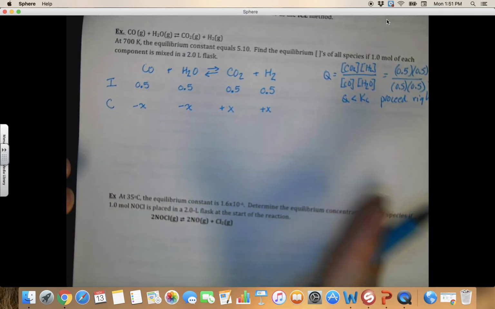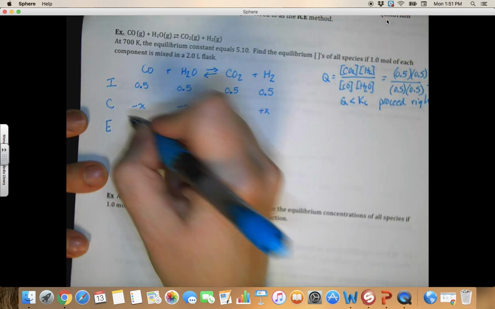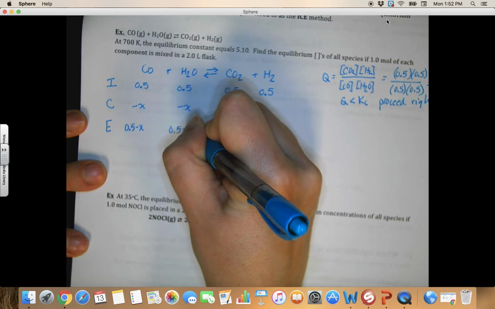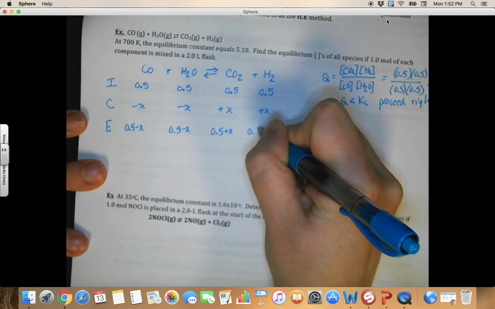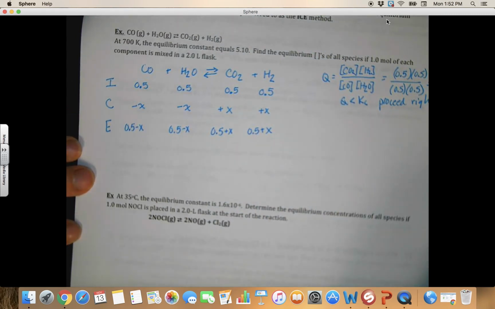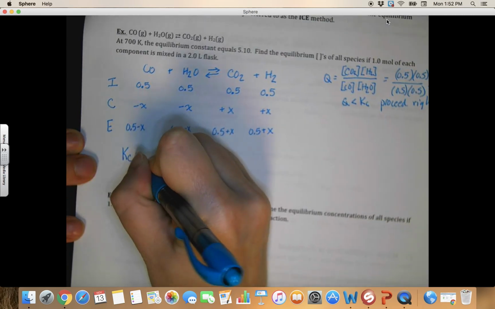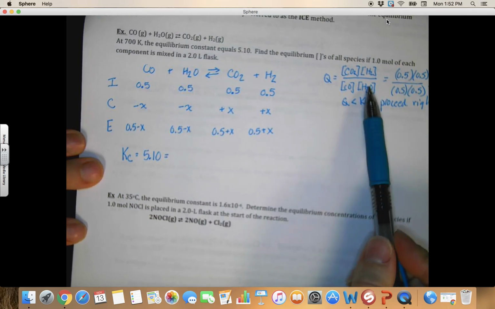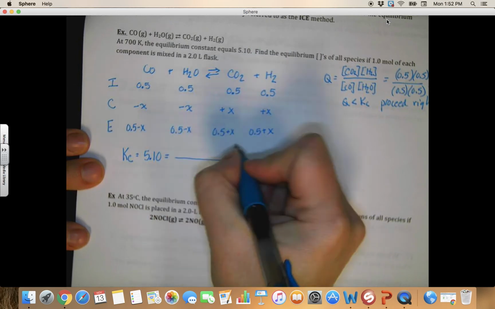If there was a coefficient of 2, then for that particular reactant or product, it'd be 2X. Think about it in terms of mole ratio. So our equilibrium concentrations are going to be 0.5 minus X and 0.5 minus X, 0.5 plus X, and 0.5 plus X. So Kc, which is equal to 5.10, is going to be the same form as this, but I'm going to substitute in these equilibrium concentrations.